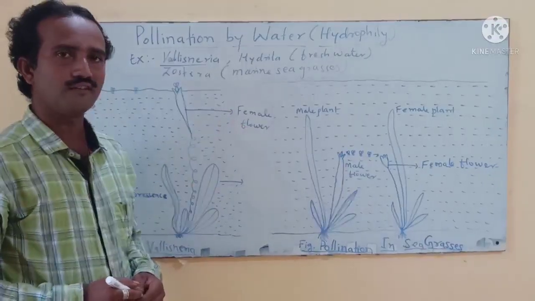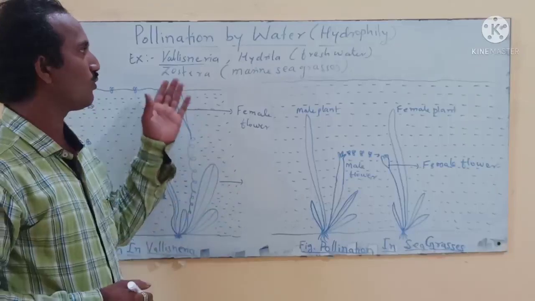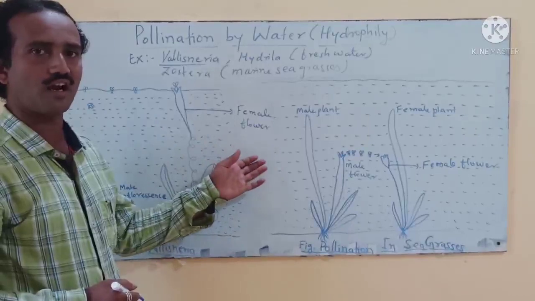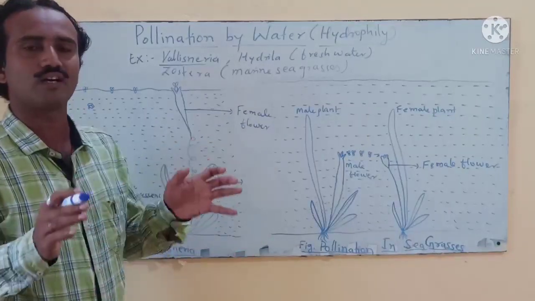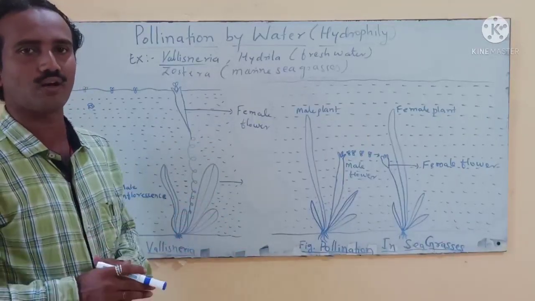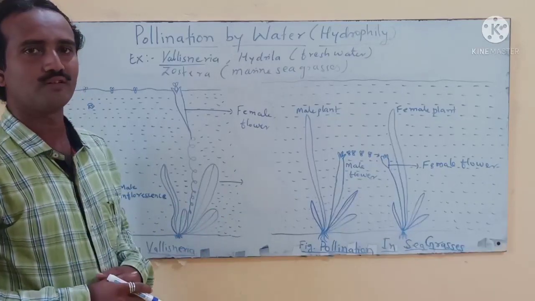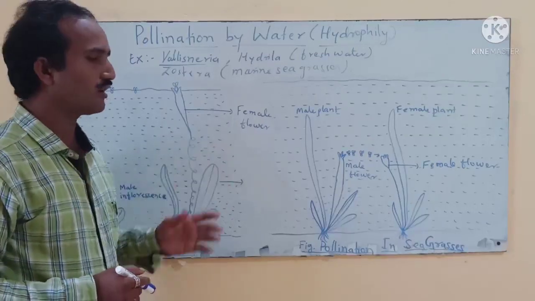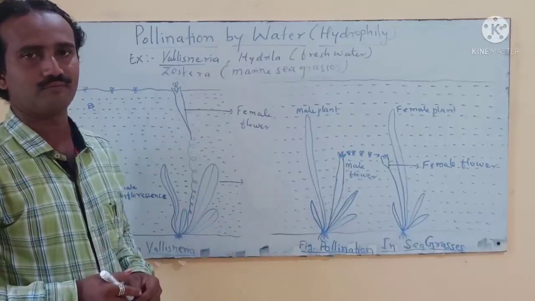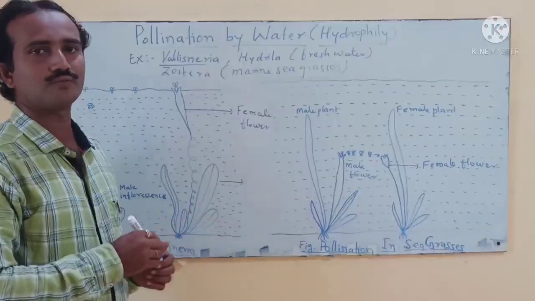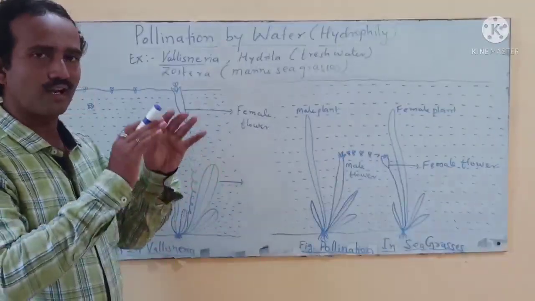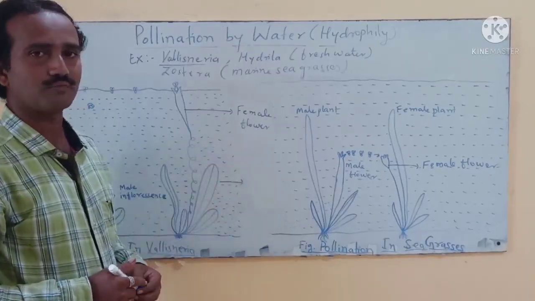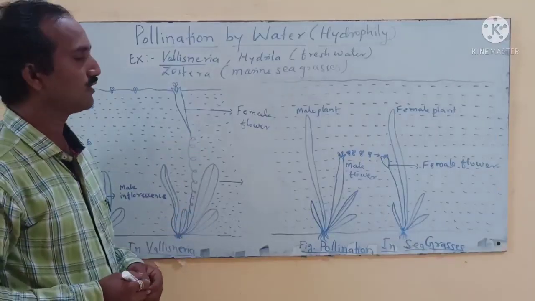So in most of the aquatic plants where water pollination takes place, we observe that the pollen grains are covered by a mucilaginous covering that will protect them from wetting. So a covering is there, that is the mucilaginous covering, that will protect the pollen grains from wetting.